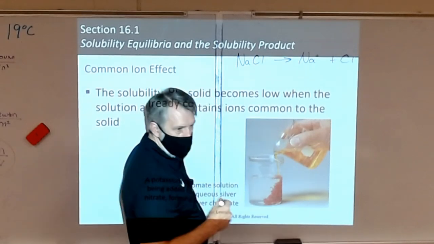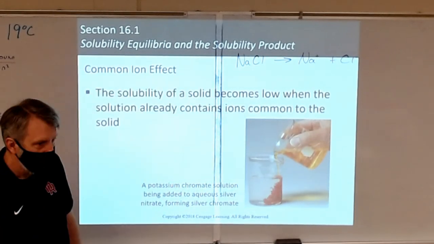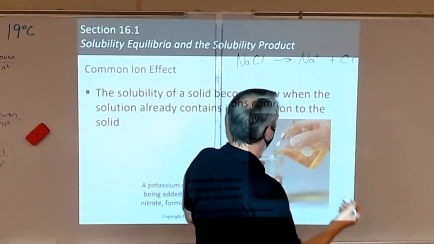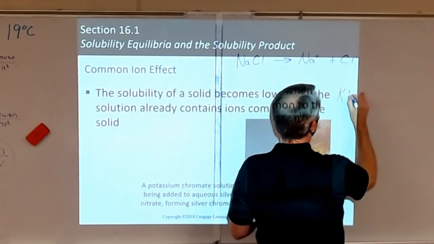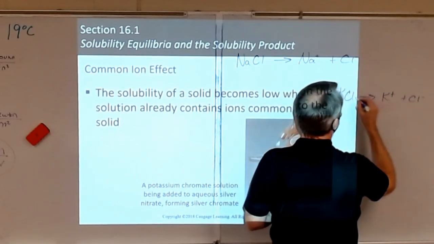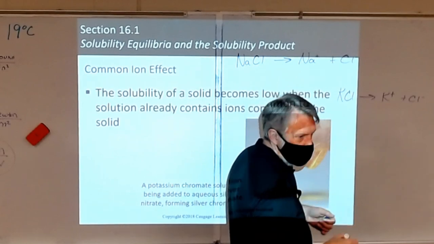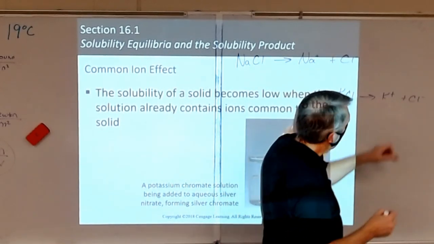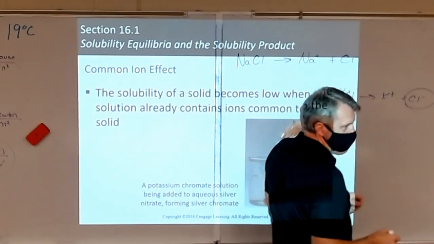Now, what if instead of NaCl, I already had a solution that had a bunch of chloride in it? So perhaps I had a solution of KCl. I already have this, and it's already saturated, which means I've already got a bunch of chloride ions.